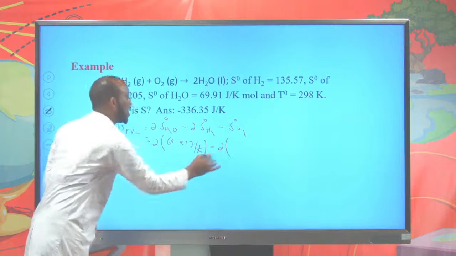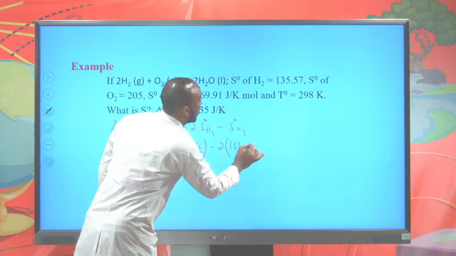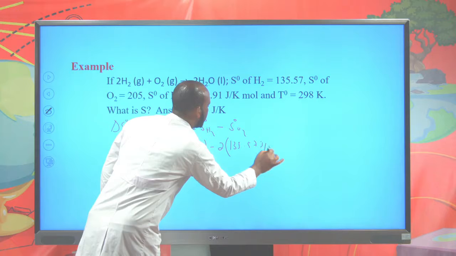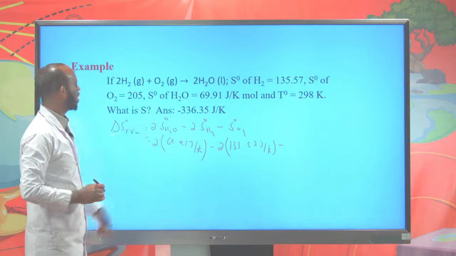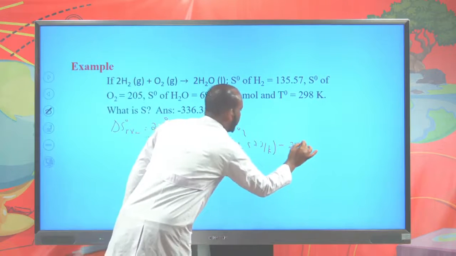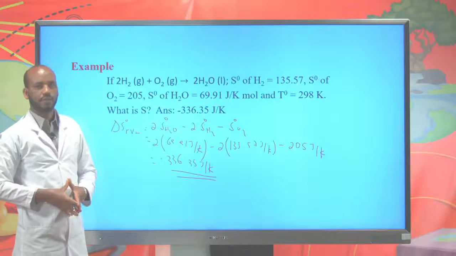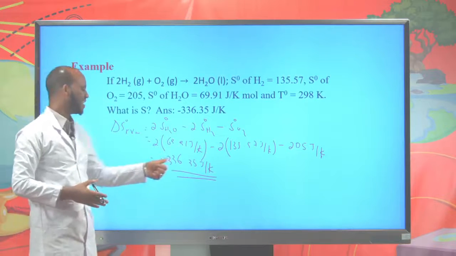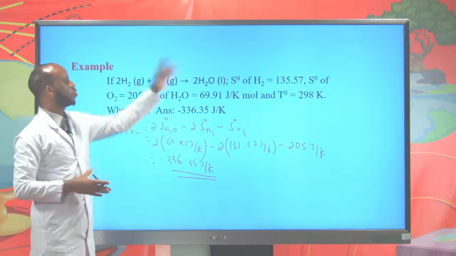Minus 2 times molar entropy of hydrogen, which is 135.57 joule per Kelvin. Minus molar entropy of oxygen, which is 205 joule per Kelvin. Now this gives minus 326.35 joule per Kelvin. It's negative. Entropy change delta S is less than 0. You see the change from gas to liquid.